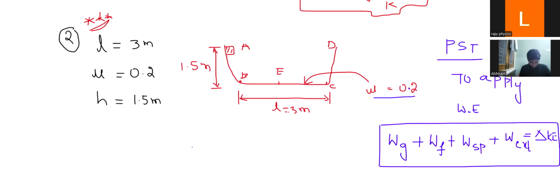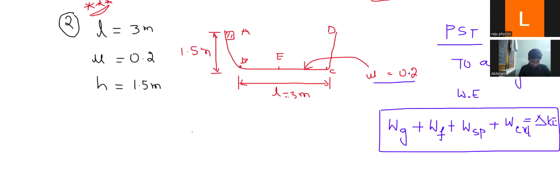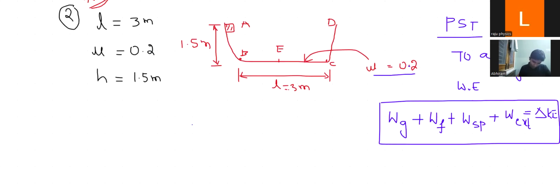So you can write an expression like this: due to gravitational force this is the work, and due to frictional force this is the work. Due to spring, this is the work. Due to external force, this is the work. That is equal to the change in kinetic energy.